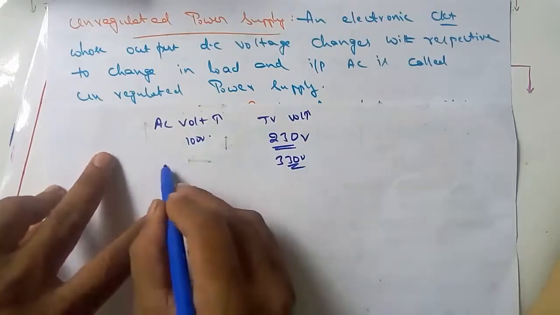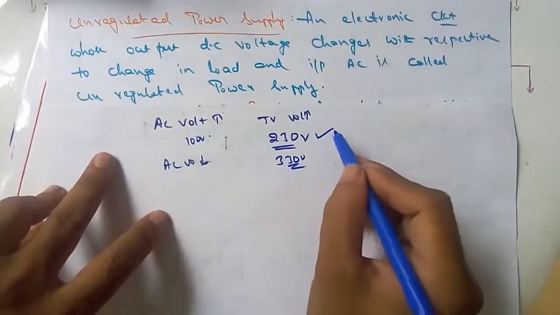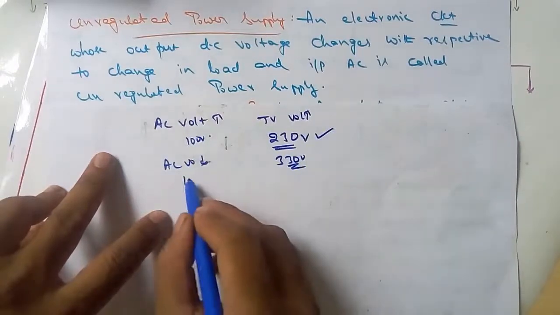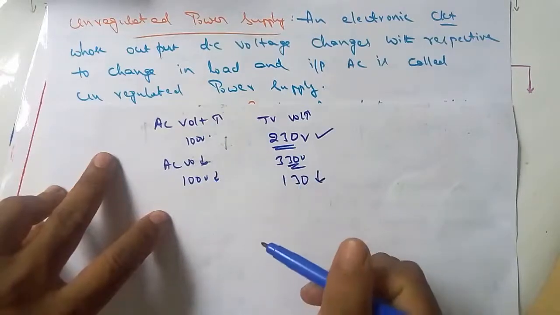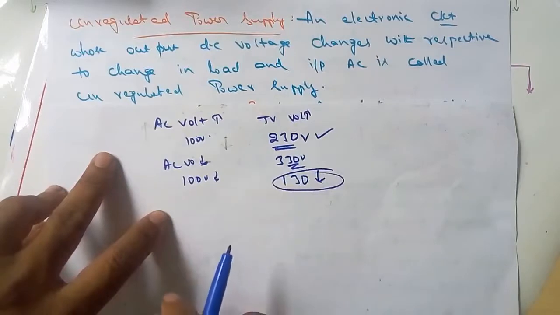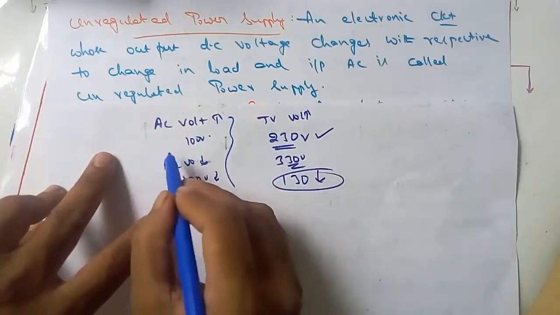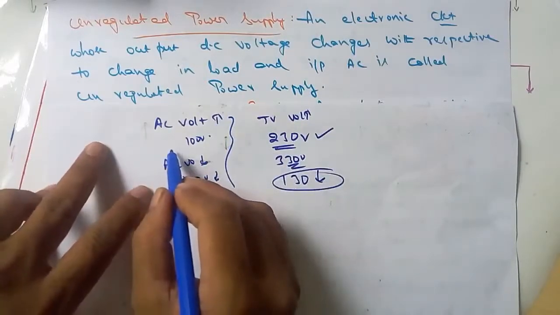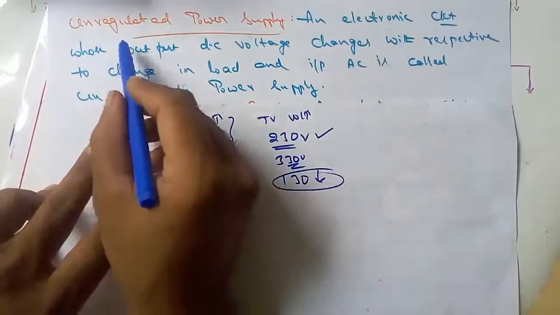Similarly, if the AC voltage decreases, originally we want 230 volts, but for example if it decreases by 100 volts, it may become 130 volts. At 130 volts the appliance is unable to work, and it may be damaged. So if the input AC voltage changes and the output voltage changes, that is called unregulated.